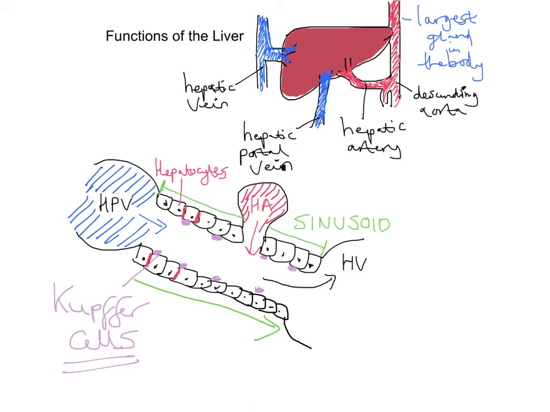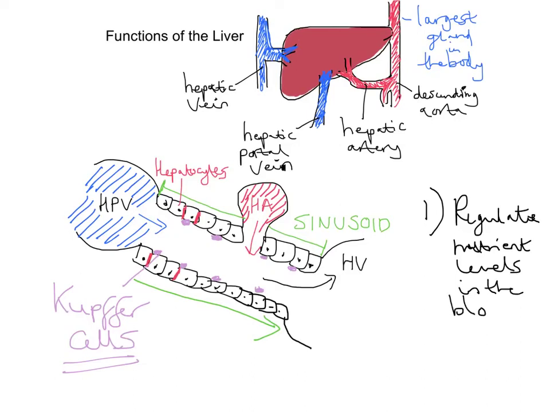That's what we need to say is an essential role of the liver, to regulate nutrient levels in the blood. And we're going to think of some examples of nutrient levels that we need to regulate. So we're thinking here vitamins, we're thinking particular minerals, but also a key one is amino acids.